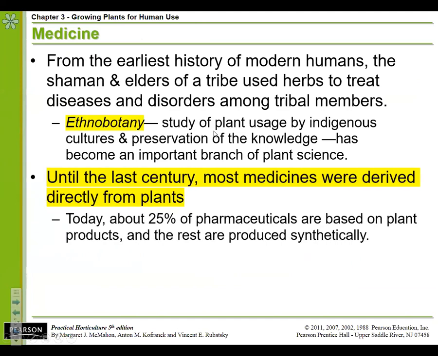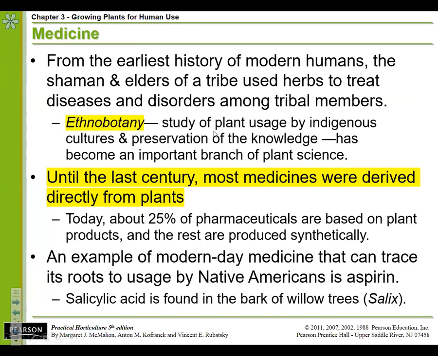We left off talking about the medicines and how until the last century, most medicines were actually derived directly from plants. One example of a modern day medicine that has its roots in the Native Americans' use of willow trees, not just willow, but also other types of populus, which are in the same family as willows, aspen trees, cottonwoods.